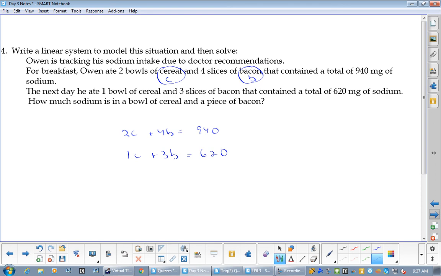Now, the $1 million question is, we want these in y equals, right? It doesn't matter what you get as long as you know which one is which. Now, if I'm going to leave C on the left, what is it synonymous with? Y, right? So when I get my y out, it will stand for C. The x will stand for B. Okay?